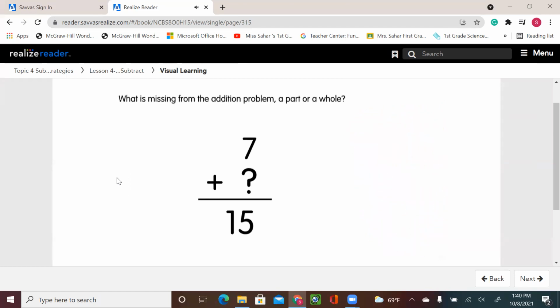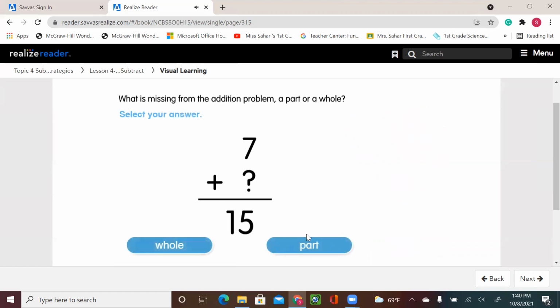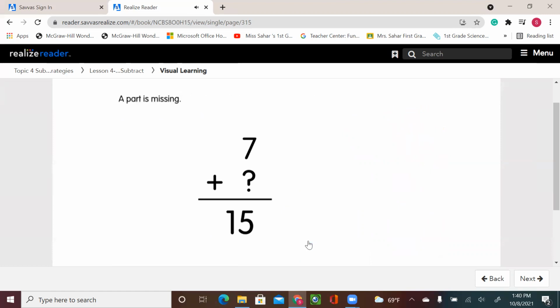What is missing from the addition problem? A part or a whole? Select your answer. Very good. A part. A part is missing. What is the missing part in 7 plus blank equals 15?